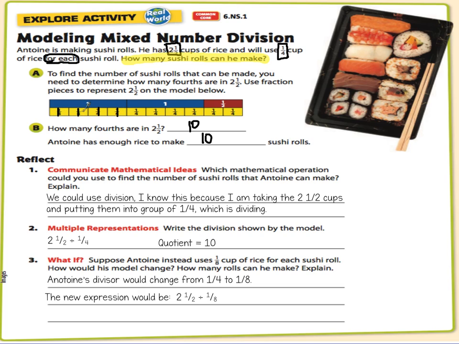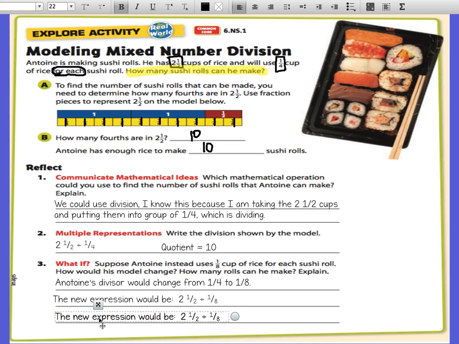So 1, 2, 3, 4, 5, 6, 7, 8. So 8 in there, 8 in here. That'd be 16, and then these 2 would turn into 4, so that would turn into 20. So the new expression would be 2.5 divided by 1/8. The new quotient, the new answer to our division problem, would be 20. So Antoine, not Antoinette, would be able to make 20 sushi rolls.